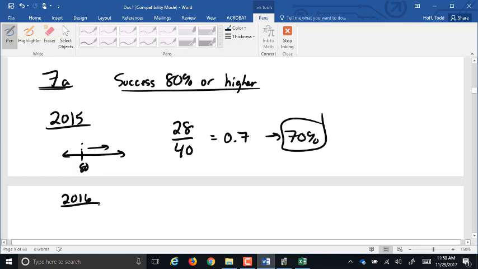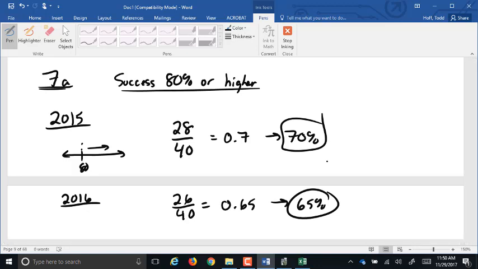For 2016, if we look at that dot plot, how many of them are 80 or above? 26. Good. So if we do 26 divided by 40, we get 0.65 or 65%. Very good. And in the plot, it was 64 that was given before.